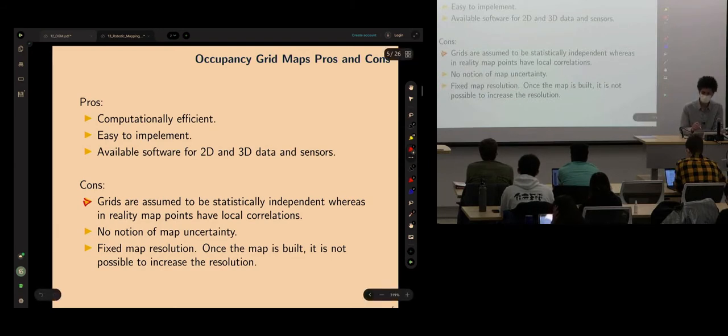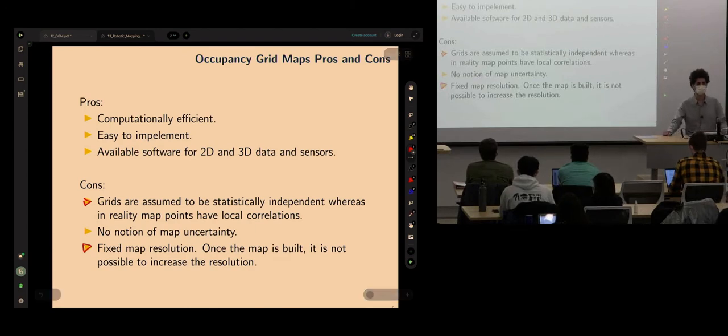So we need an inference method that is capable of inferring that distribution so that we can talk about the variance. This occupancy mapping method by construction is incapable of giving the variance. Now, another problem is that the map has a fixed resolution.